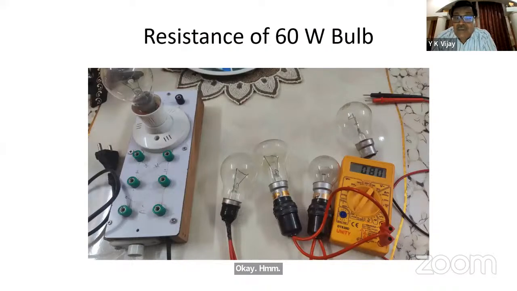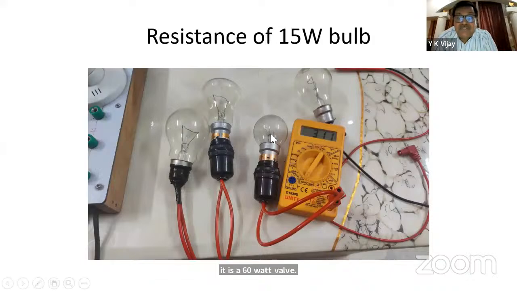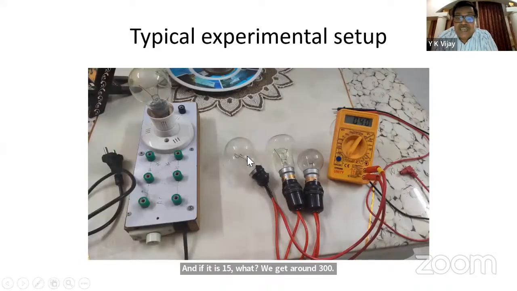So these are the valves. This is 80 ohm, approximately; it's a 60 watt valve. If it is a 15 watt valve, we get around 300 ohm DC measurement. And if it is 100 watt, we get around 40.